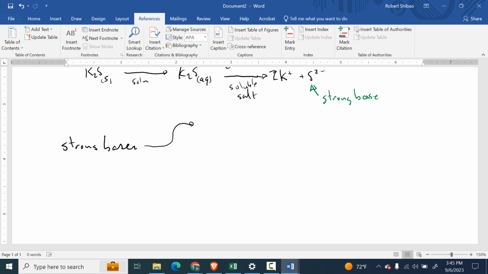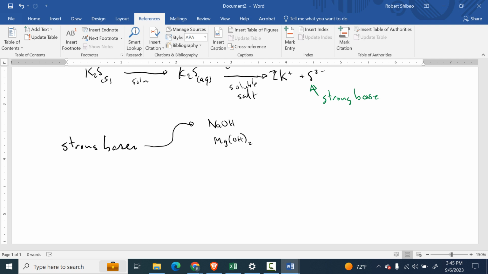Probably the most common strong base is OH minus or NaOH, sodium hydroxide, let's say. KOH, another one. How about MgOH2? MgOH2 has twice as much hydroxide, so it should be twice as basic.